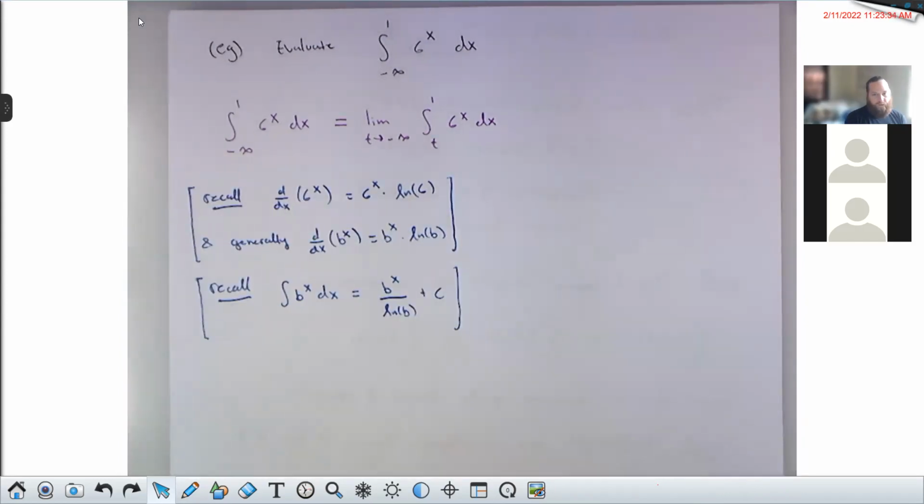So the indefinite integral of a non-natural exponential, an exponential where the base is something other than e, you don't just get that thing back, you get that thing divided by the natural log of the base. This is definitely a Calc 1 thing, but I know a lot of Calc 1 classes, even if you see it, you probably don't have a lot of problems on it because it just doesn't show up that much. But clearly we need the bottom statement in order to solve this problem.